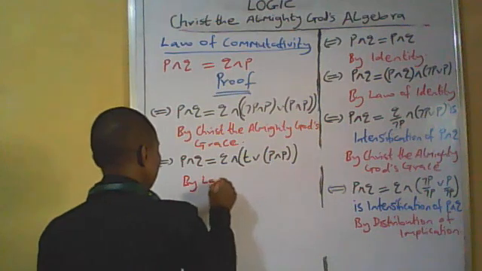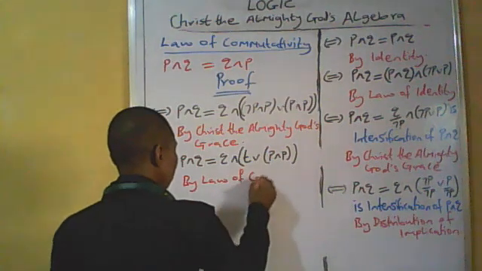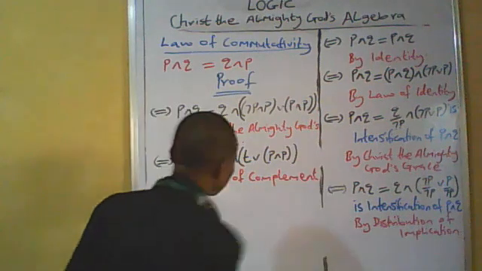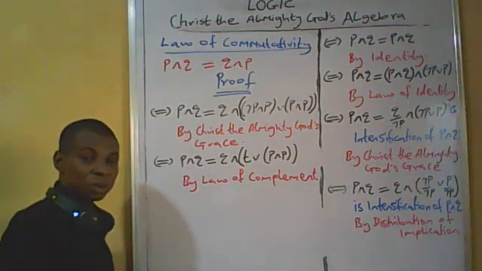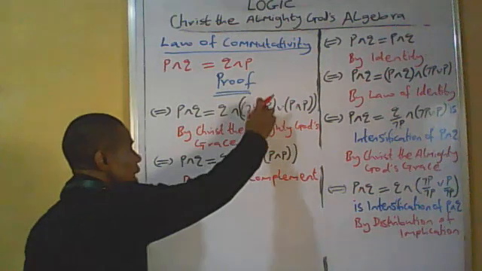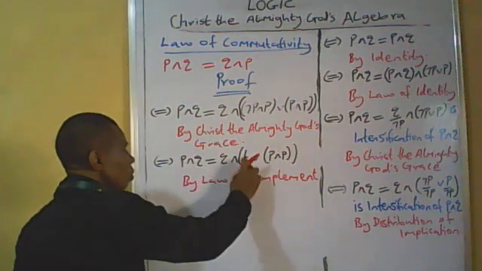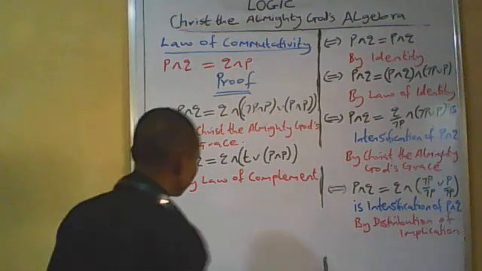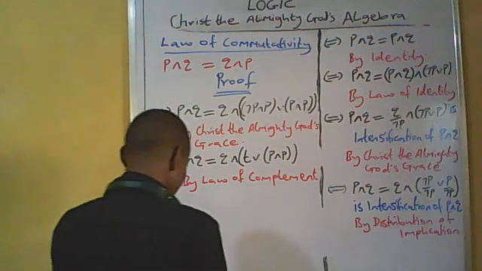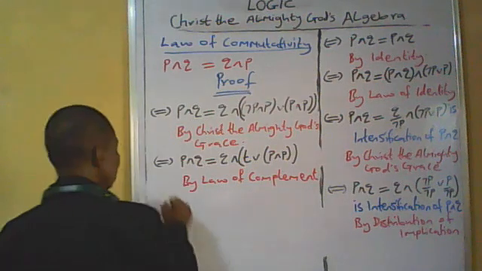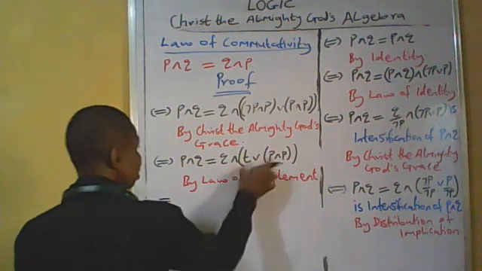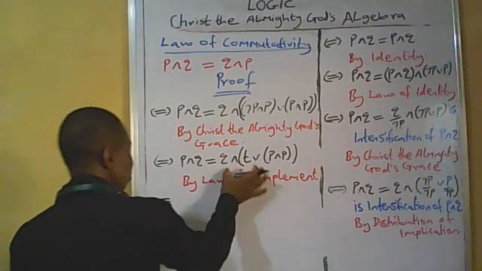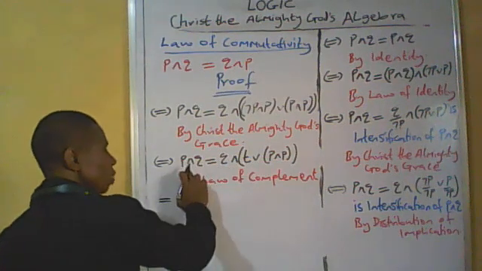By law of complement. Because through law of complement you substitute this not P and P with T because they are logically equivalent. And they are still equivalent to the left hand side of the equation, so it's logically equivalent to the left hand side of the equation.